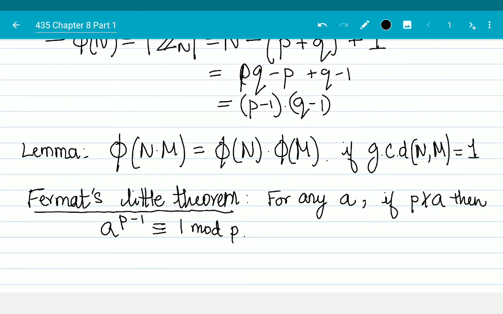We are not going to look at this theorem. We are going to look at a generalization of this theorem, which is called Euler's theorem.